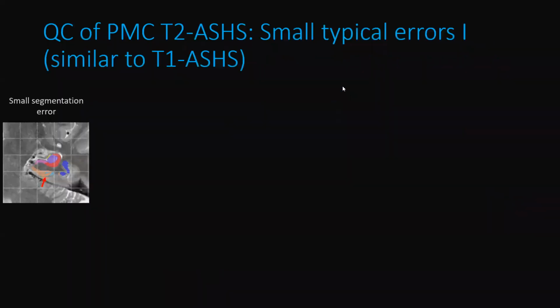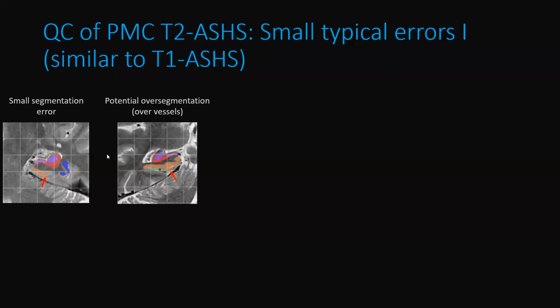Okay, so then I want to go over some small typical errors, and they're actually very similar to T1-ASHS. There can be small segmentation errors, and I hope you can see it, where there are some scattered voxels from one label that occur in another label. That's generally at transition slices, and they're often just small errors, and that's not really the problem.